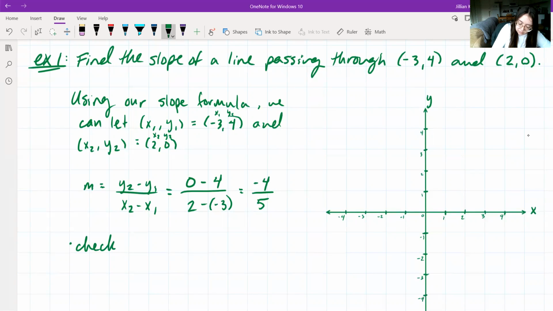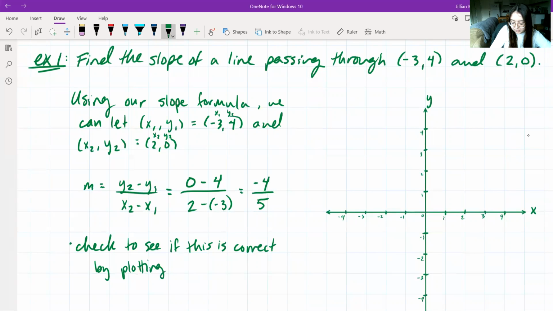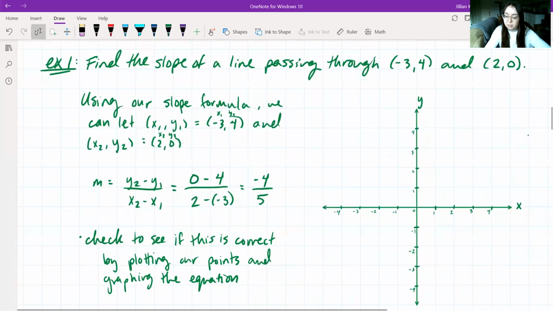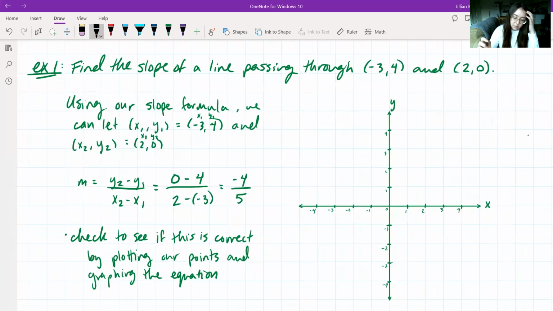But now we just want to check to see if this is correct by plotting our points and graphing the equation. So our points are -3, 4, and 2, 0.